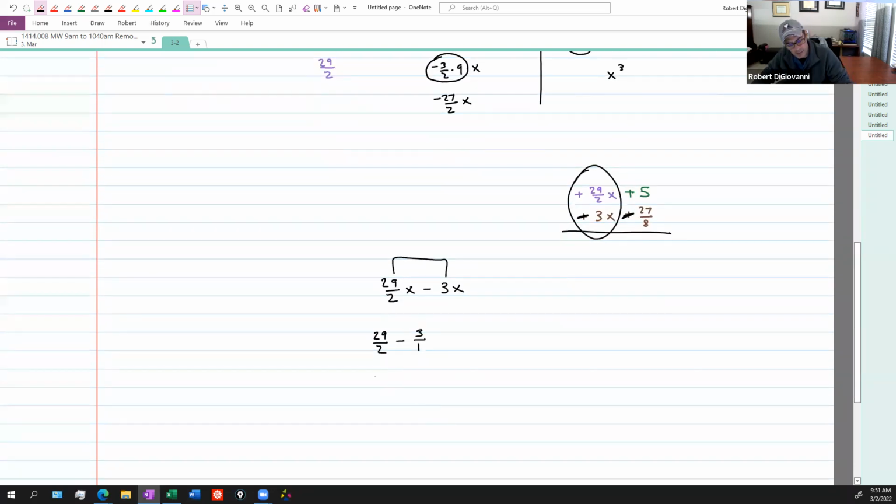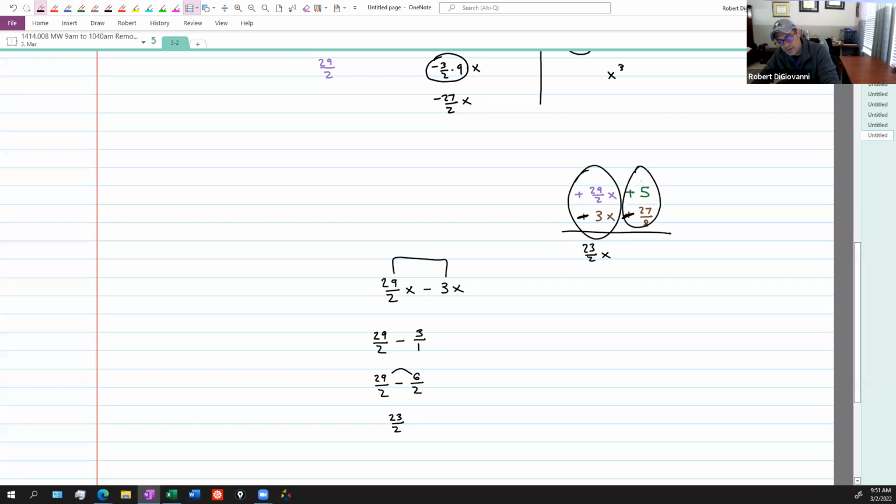So I get a common denominator, 29 over 2 minus, I multiply the top and bottom by 2 there, I get 6 over 2. And then once we have the same denominator, you just do the 29, take away 6, which is 23 over 2. So this should be 23 over 2x.